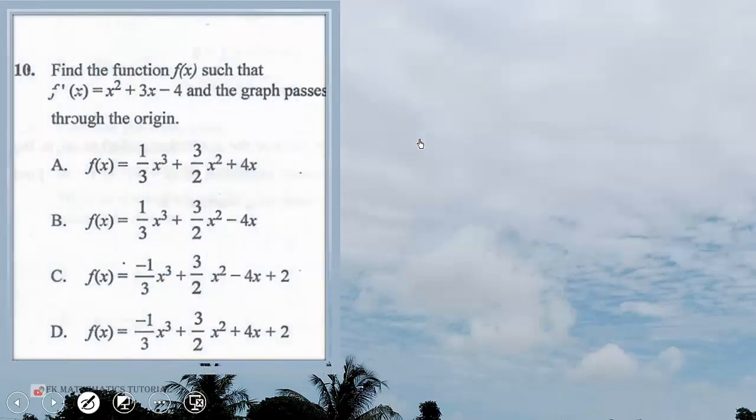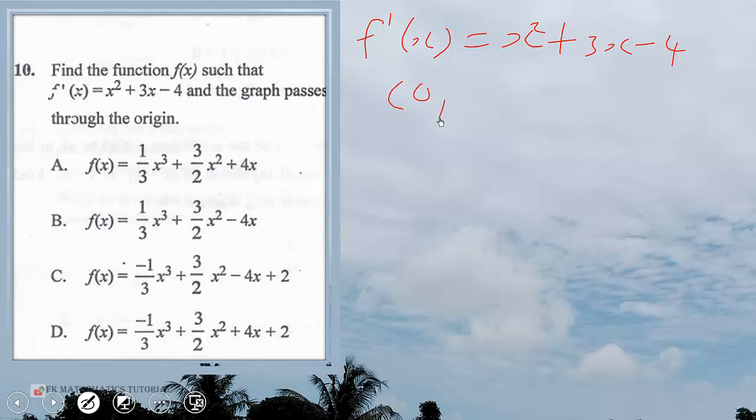Question number 10. You are to find the function f of x such that f prime of x is equal to x squared plus 3x minus 4, and the graph passes through the origin. So we're given that f prime of x is equal to x squared plus 3x minus 4, and the graph passes through the origin, which has coordinates 0, 0. Now if you integrate f prime of x, we get f of x.